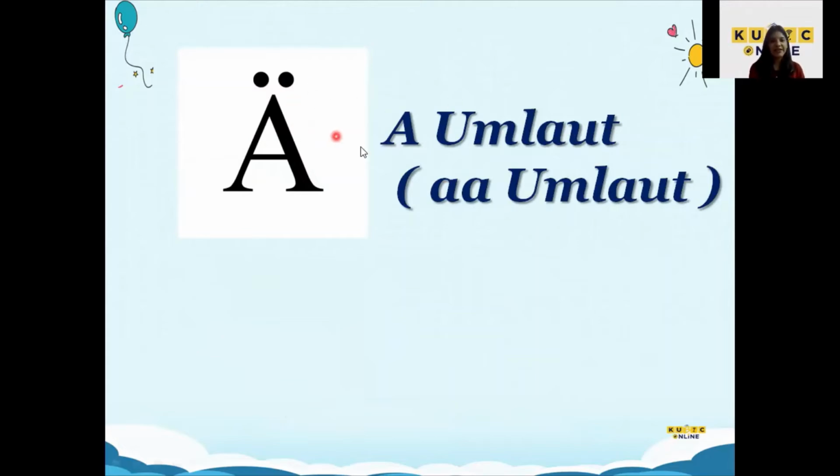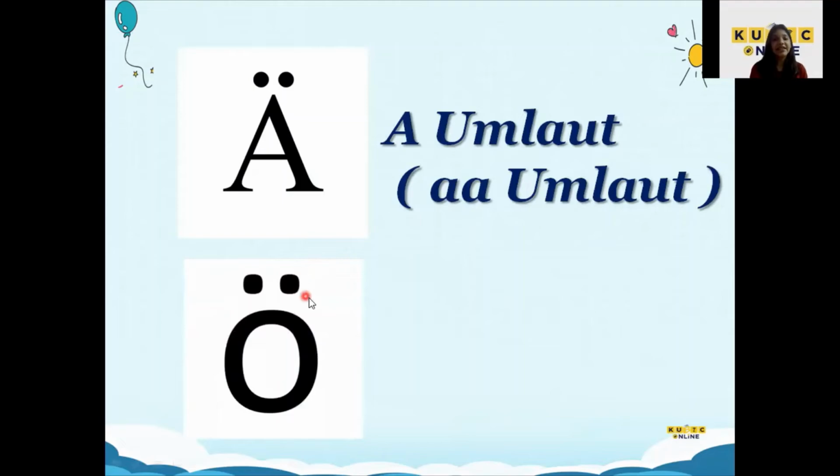Now we are learning the first umlaut letter, A umlaut. Do you remember how we say the English letter A in German? We always say A. So the pronunciation for A umlaut is A, just at a higher pitch. Good.